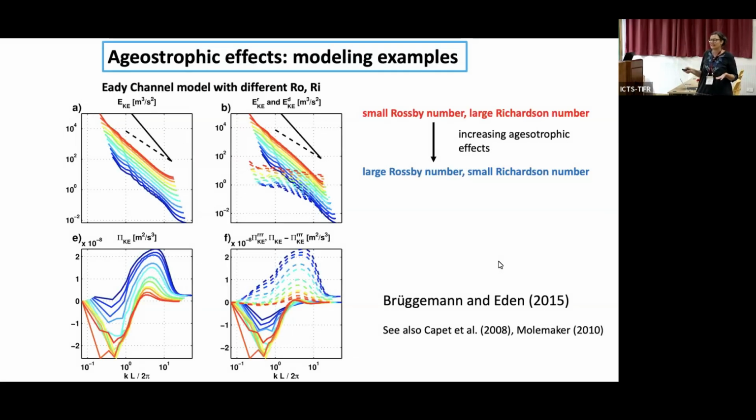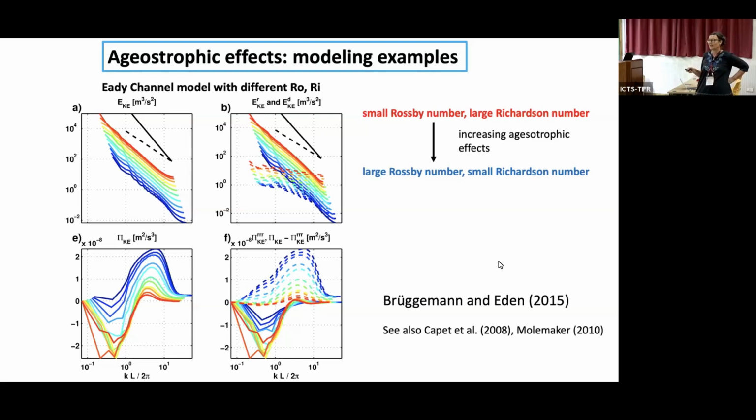Okay, first, some overview of some modeling examples about spectral fluxes, because a lot has been done with models. This is showing an Eady channel model in simulations with different Rossby numbers and Richardson numbers.